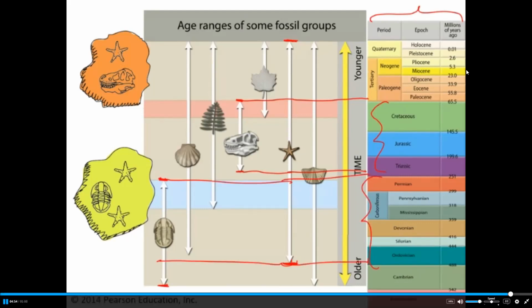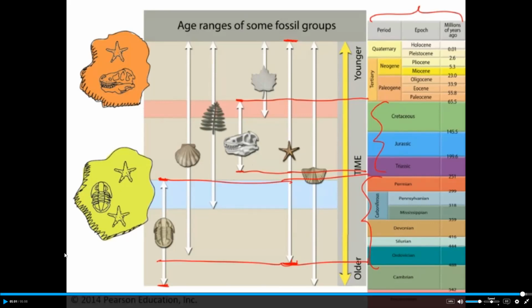So obviously these aren't too tightly constrained, but I think you get the idea that the overlap in the ranges is the key thing that we need to look for. So this gives you an idea about how we can use fossils to identify how old certain rocks are, because we can look at the overlap of the organisms that we find in the fossil record.